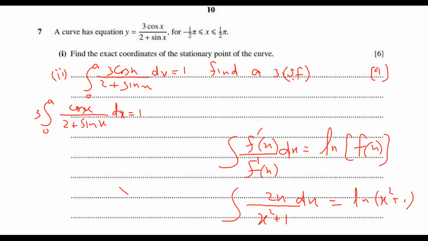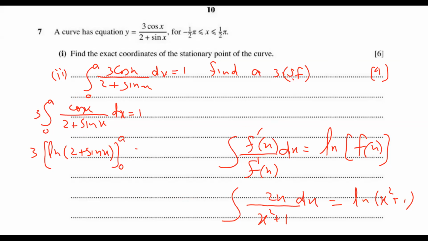Now same story: function in denominator, derivative up. So we can say the logarithm of the denominator, with limits 0 to a. What do I have to do with this 3?